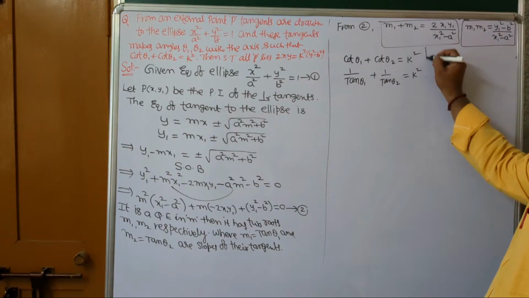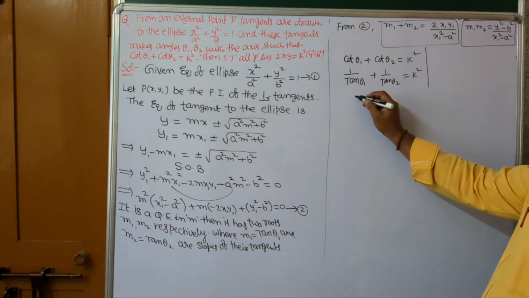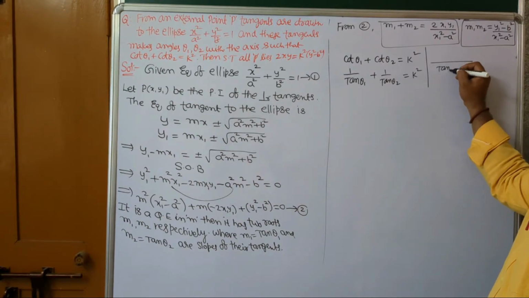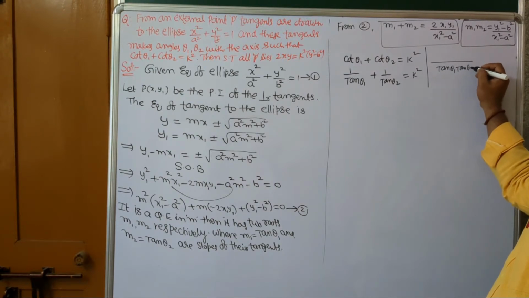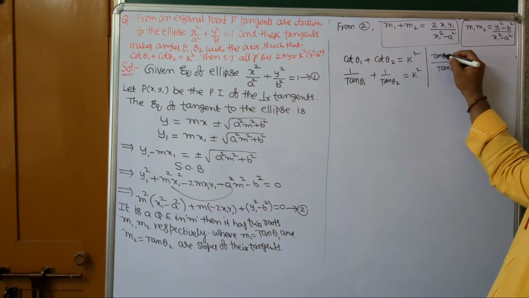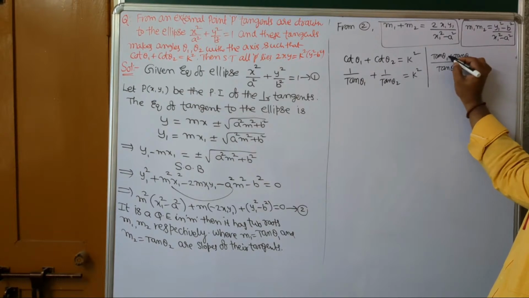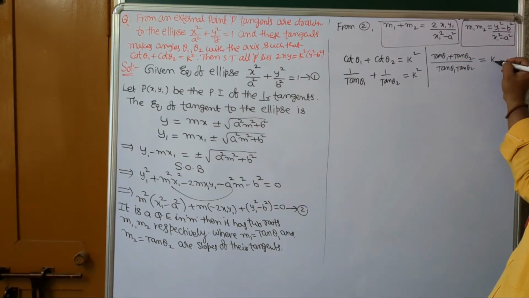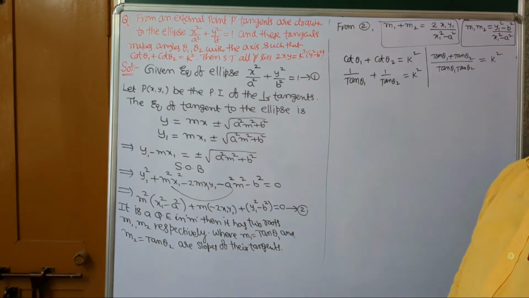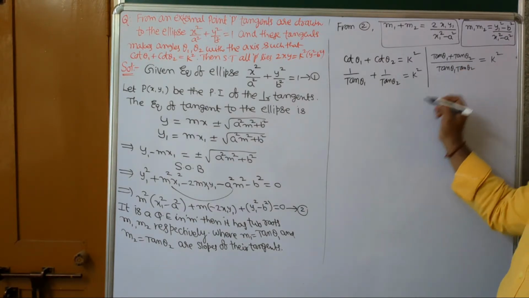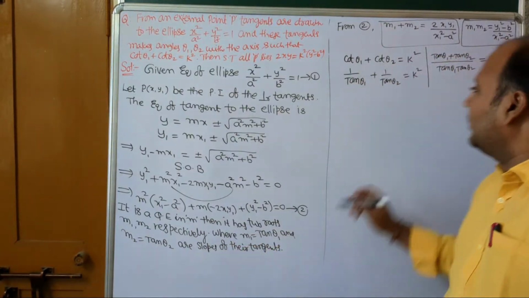Plus 1 by tan theta 2 is equal to k square. After that we can simplify. If you take the LCM of tan theta 1 and tan theta 2, tan theta 1 plus tan theta 2 by tan theta 1 into tan theta 2 equal to k square. Tan theta 1 is already said here, m1.